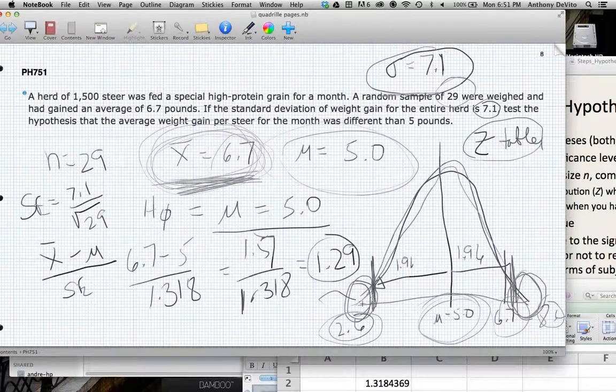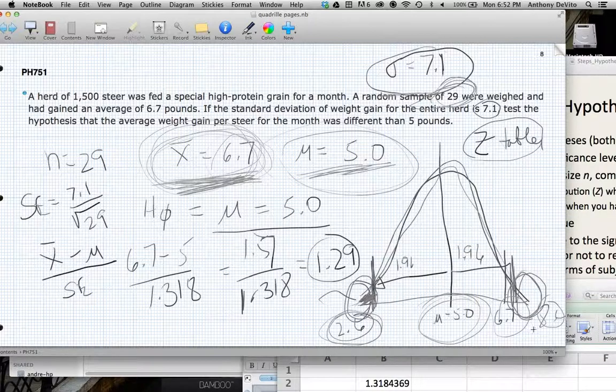In other words, if in fact this group of 29 randomly sampled steers came from a population that had a mean of 5, not 6.7, but a mean of 5, I would get a result of 2.6 or lower only 2.5% of the time.